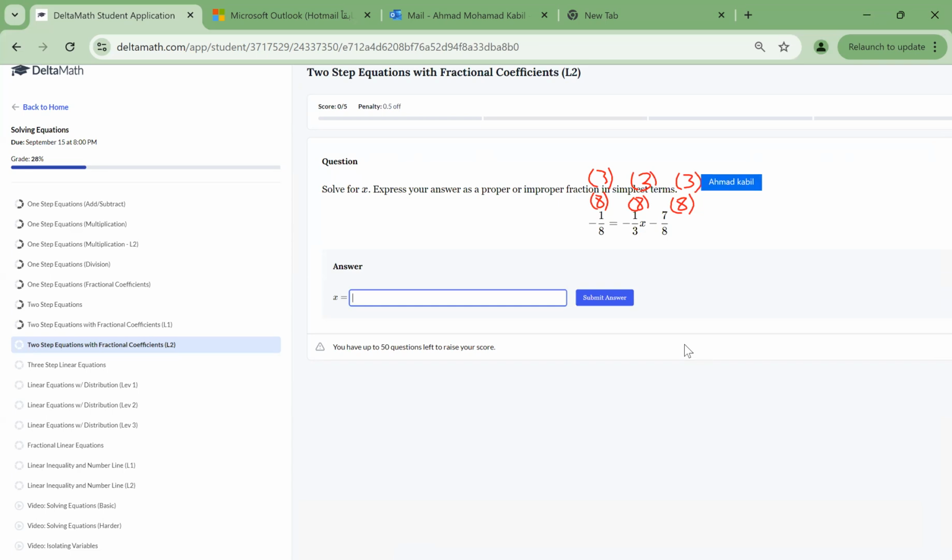So for the first term, we have 8 in the numerator and 8 in the denominator, so these would cancel out. For the second term, we have 3 and we have 3, so these would cancel out. And for the third term, the 8 cancels out with the 8. So what are we left with? For the first term, we have negative 1 times 3, so we just have negative 3.